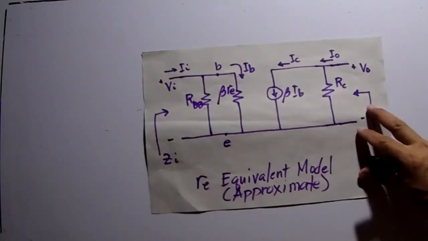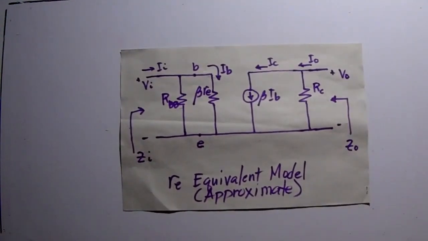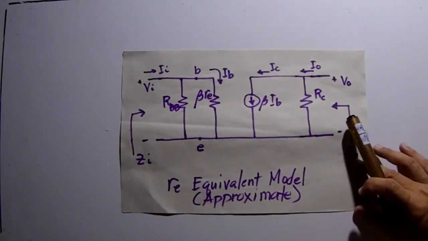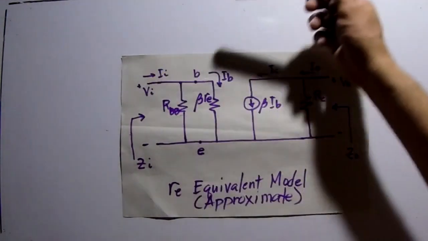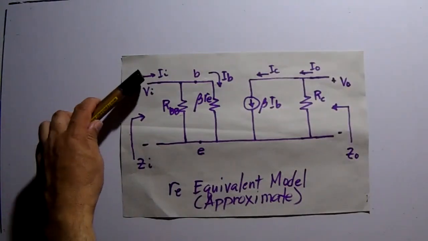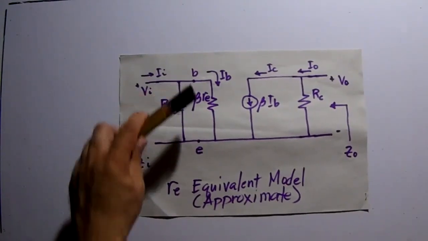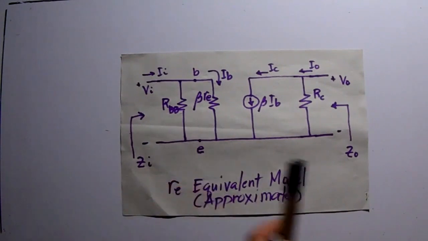The re equivalent model, approximate model, is shown here. We have Vi, our input current. This is the base, the emitter of our transistor.